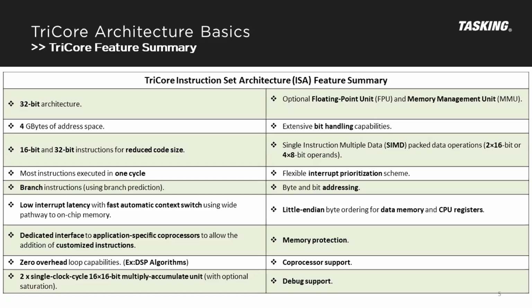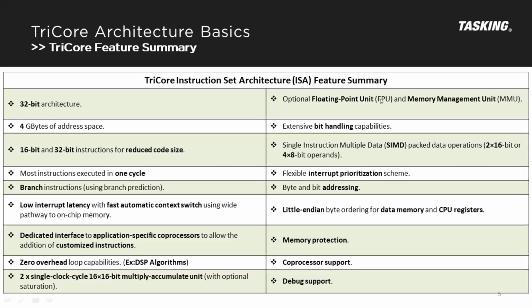Such a capability is really very appreciated by, for example, DSP algorithms, because loops are the heart of the DSP algorithms. There are multiply and accumulate units. There are two units on the architecture, and the arguments are 16 by 16 bit. You will also find some optional components on the architecture.